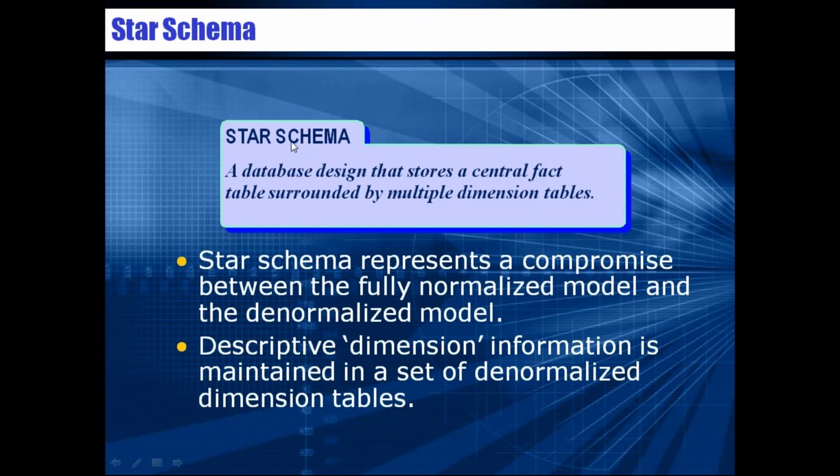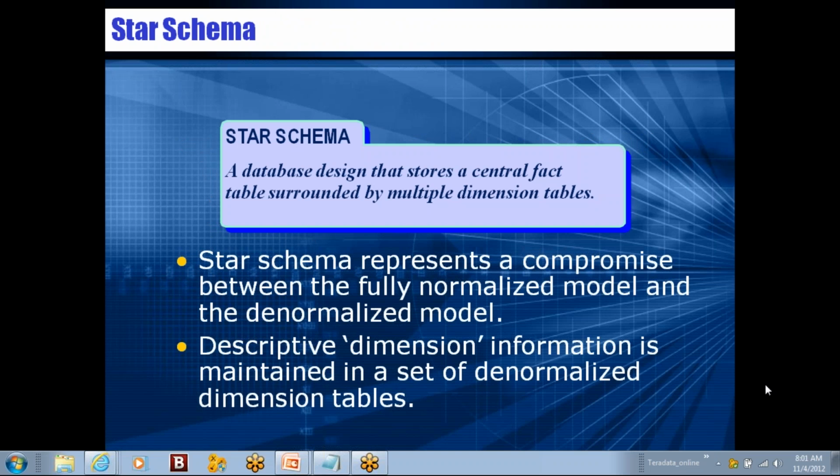The first one is the star schema. A database design that stores a central fact table surrounded by multiple dimension tables. Well, this is a simple definition of star schema. It means, whatever we have seen so far, a single fact table is surrounded by multiple dimensions, with the foreign key and primary key relation between the dimension and fact tables.